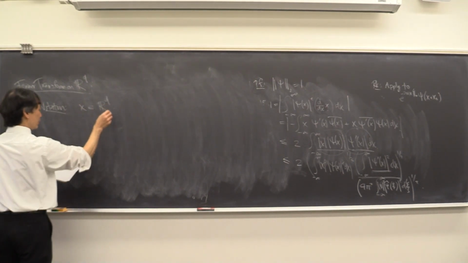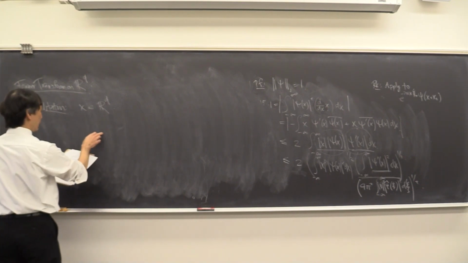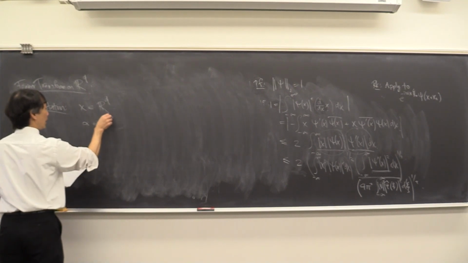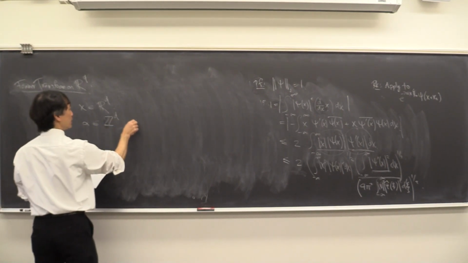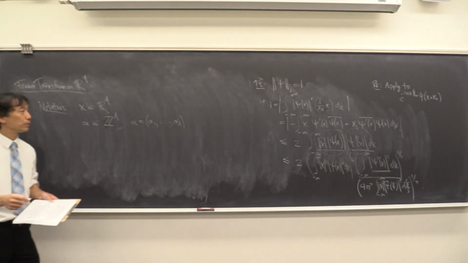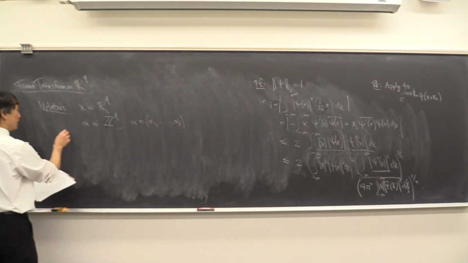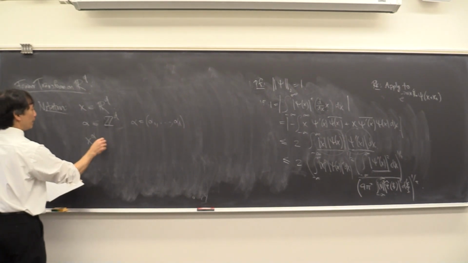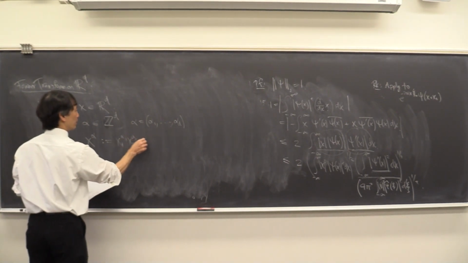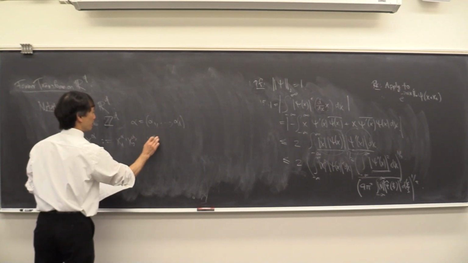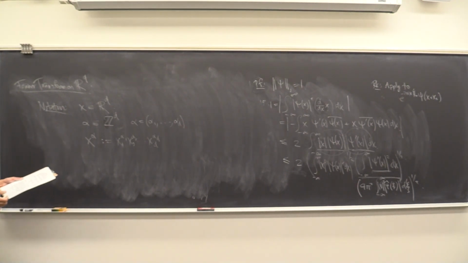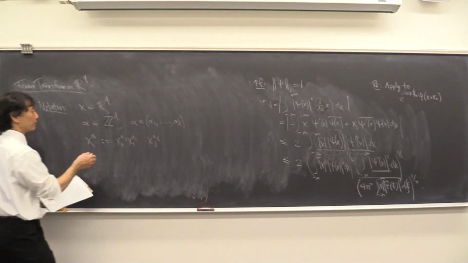If we have a vector x in R^d, and then we have some alpha in Z^d, so alpha is just some tuple of integers, then x to the alpha is defined to be x1 to the alpha 1, x2 to the alpha 2, up to xd to the alpha d. So it's just like the multi-index.